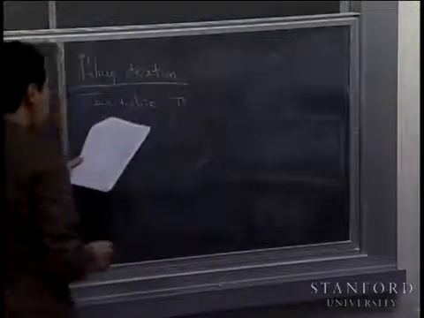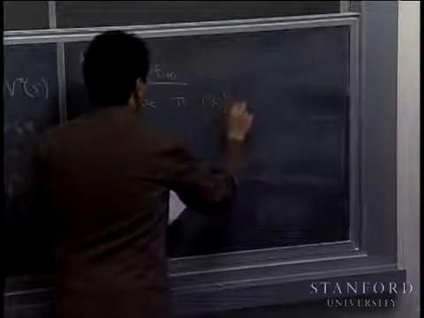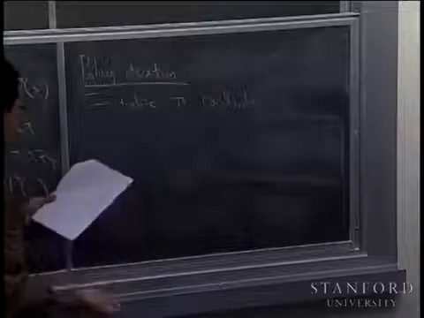So in policy iteration, we initialize the policy pi randomly. So it doesn't matter. It can be the policy that always goes north. It can be a policy that takes actions at random, whatever.